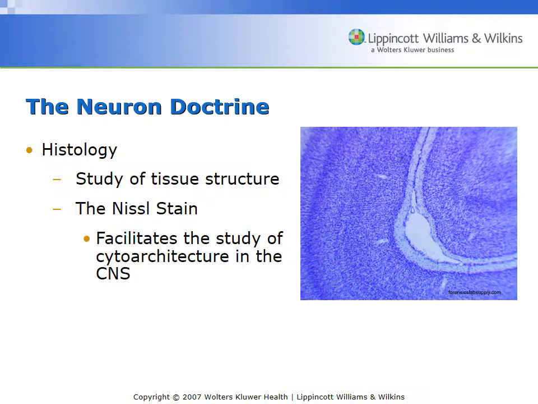Basically, he developed this basic dye that would stain the nucleus, as well as some clumps of protein surrounding the nuclei of neurons. These clumps quickly started to be known as Nissl bodies, and the staining technique to this day is known as Nissl stain.